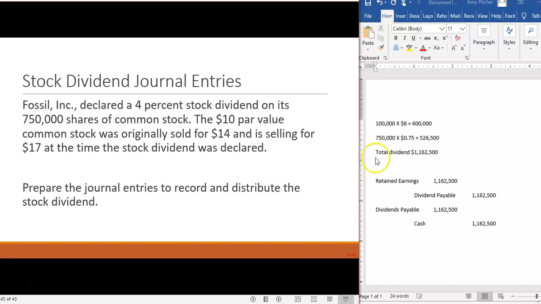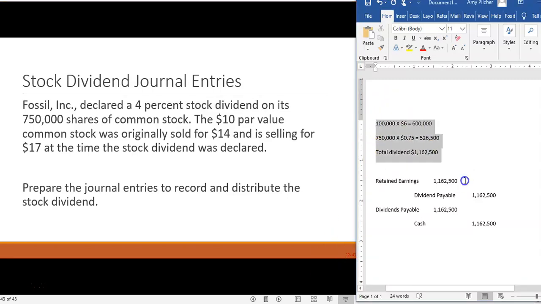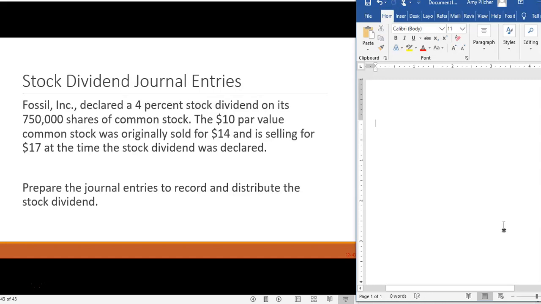Now the last entry we're going to look at, the last example for Chapter 12, is stock dividend journal entries. So stock dividends, remember, are not distributed in cash. So we just record them at the time that they're declared. At the time that they're declared, we're going to remove that amount from retained earnings. So we need to determine what that amount is.